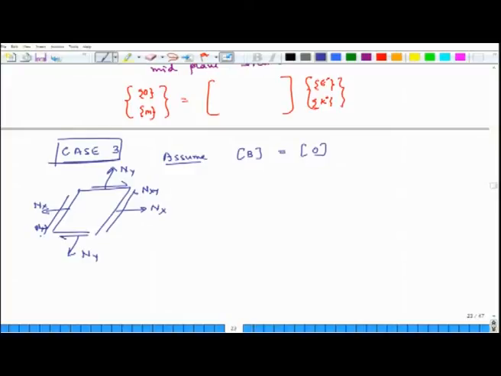So, if B is 0, then the plate will not have any mid plane curvatures, because the coupling matrix is 0. But then let us look at the equations.